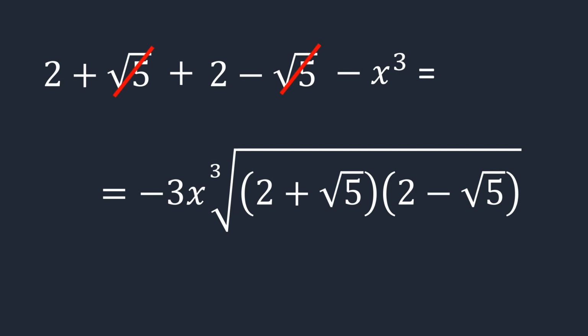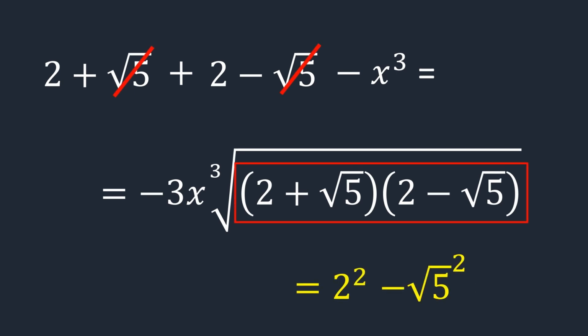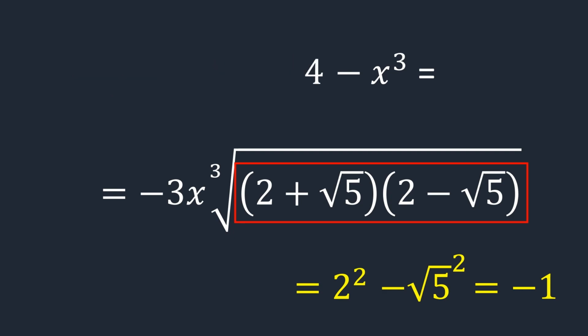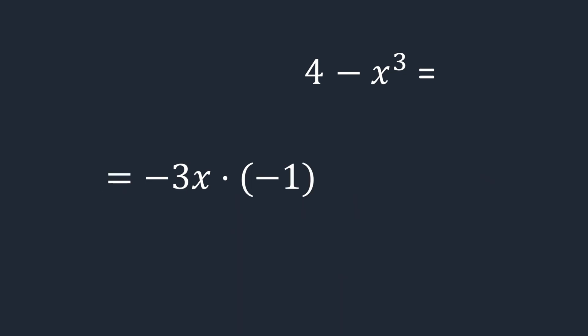The square roots of 5 will eliminate each other, and the expression under the cubic root is 2 squared minus square root of 5 squared, which makes negative 1. On the left, we will have 2 plus 2, 4, and on the right, we will have negative 3x multiplied by negative 1, which is just 3x.